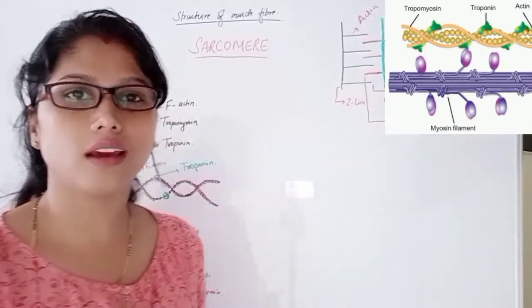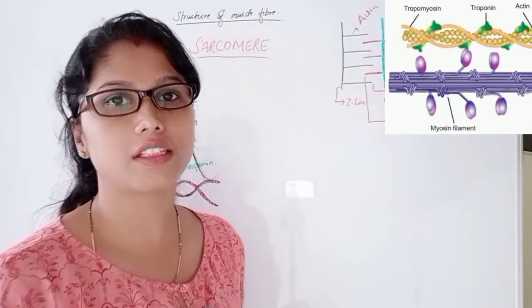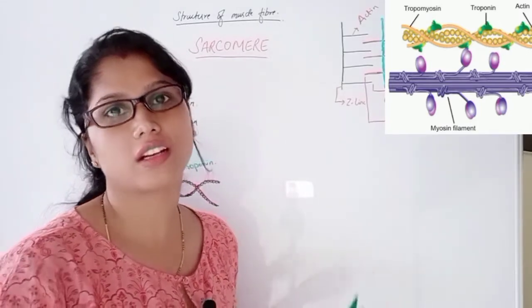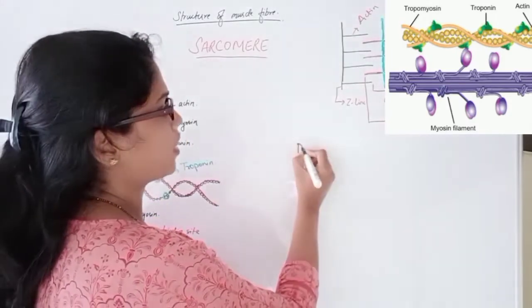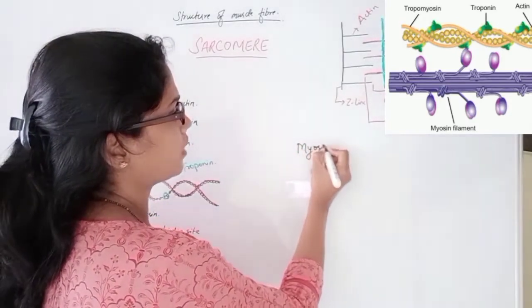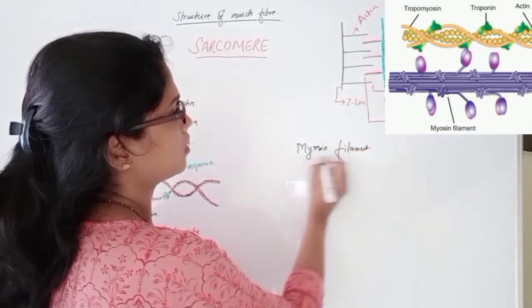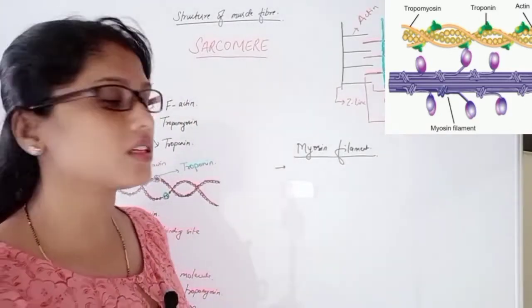Now let's see the structure of a myosin filament and how it is arranged in the structure of a sarcomere, and how it looks if you take it under a microscope. This myosin filament is a little thicker than the actin filament.